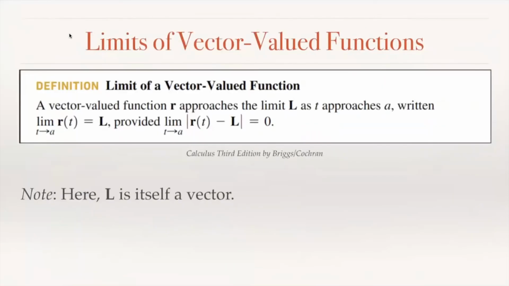Okay, so now let's at last begin some actual calculus in this class. So calculus begins with limits. And our definition of the limit of a vector function is the same definition of a limit from calculus 1, except adapted to vectors. So a vector valued function r approaches a limit L as t approaches a, written in our usual notation, if the difference between our vector function and our limit approaches 0 as t approaches a.